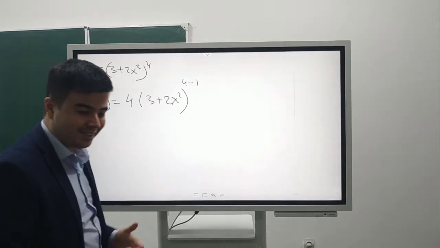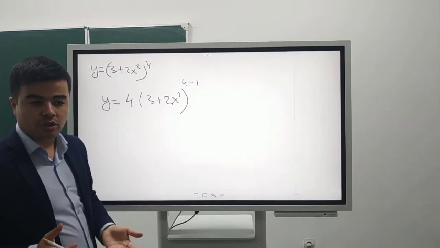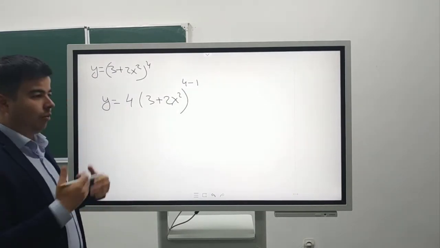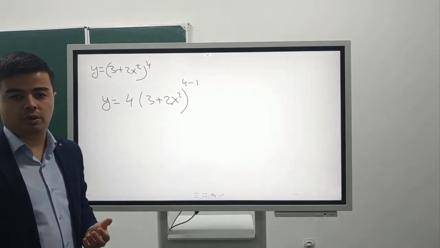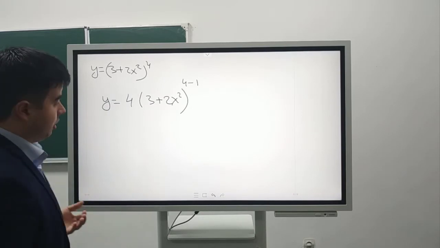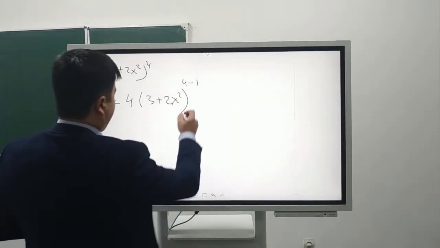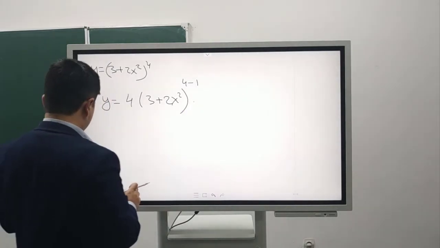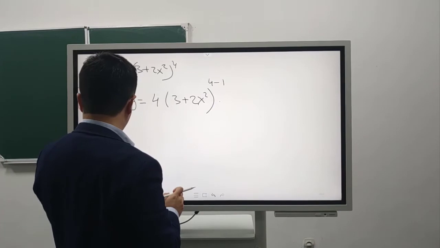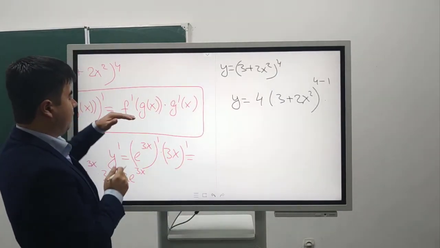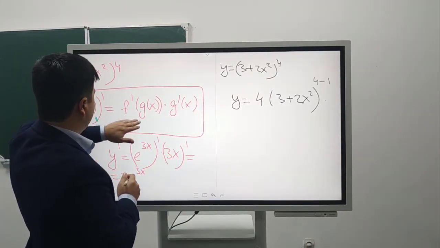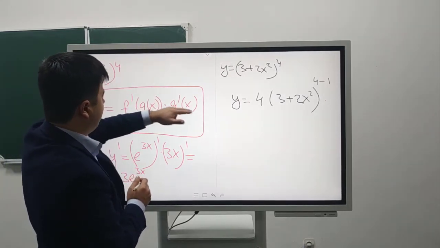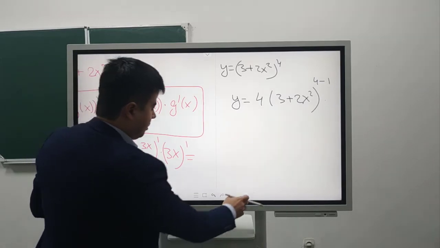But our argument is a function, not just x. That's why we need to use the rule of composite functions, and then multiply by g prime of x. If you recall, f prime of g of x times g prime of x.